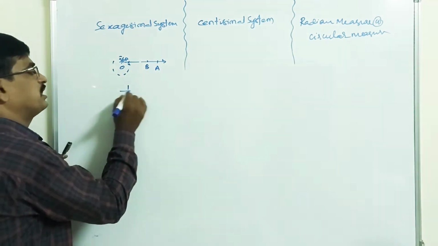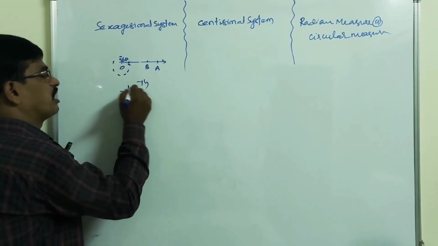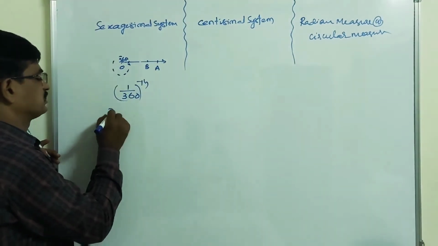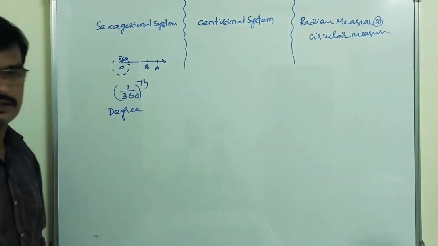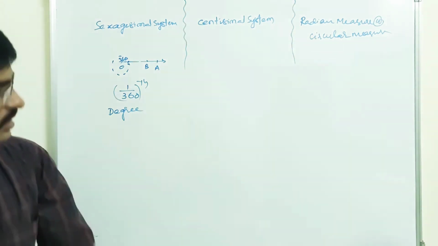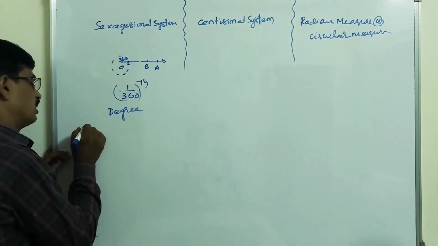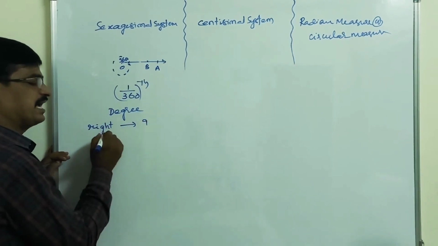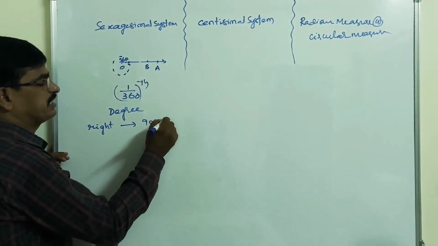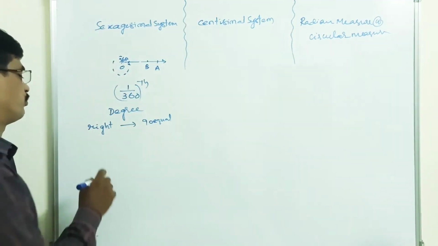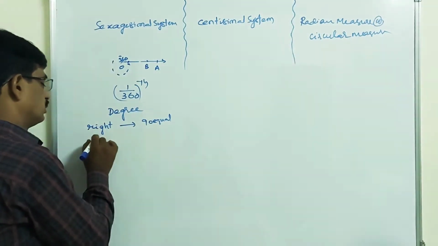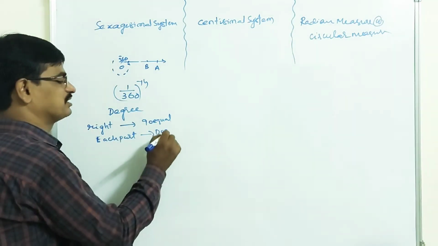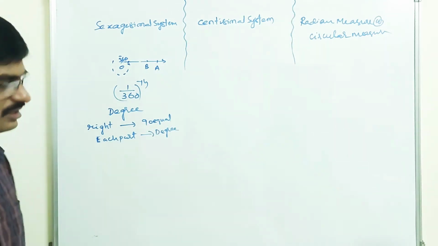That is, 1 by 360th part of a complete angle is known as a degree. Or we can define: a right angle is divided into 90 equal parts, then each part is called a degree.